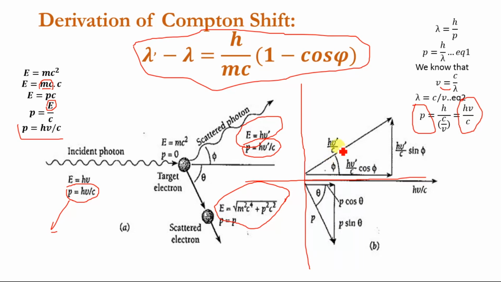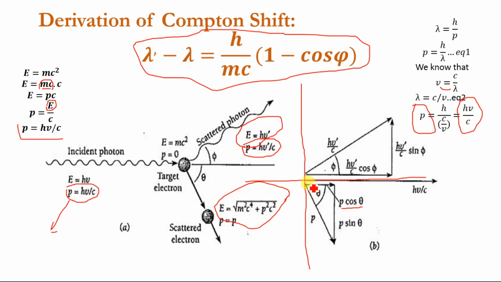Now here this hν', its x component is equal to hν'/c cos φ, and its y component is equal to hν'/c sin φ. While the momentum of the electron is in the downward direction, so we denote it by the projection of p along the x-axis is equal to p cos θ, and the projection of p along the y-axis is equal to p sin θ.